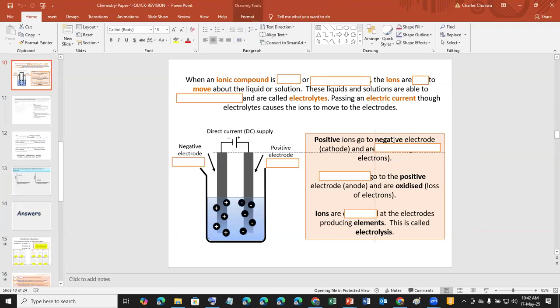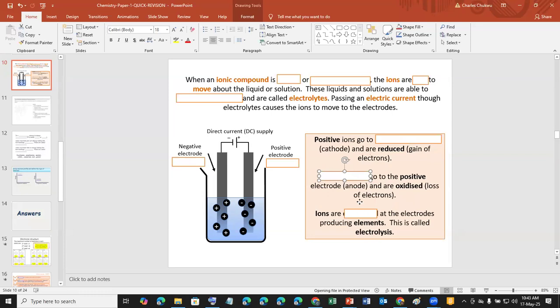Okay. So we can see the things that are behind there. Although we've said it, just in case we want to be sure, the positive ions go to the negative electrode, called the cathode, and are reduced, that is, they gain electrons, while the negative ions go to the positive electrode and are oxidized because they lose electrons.